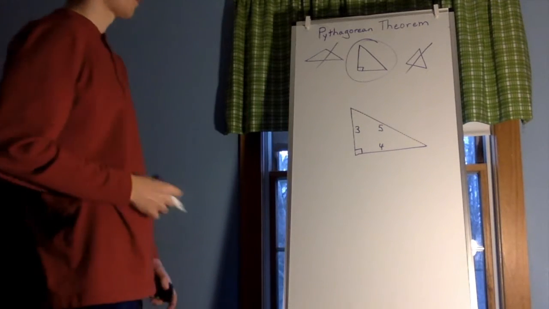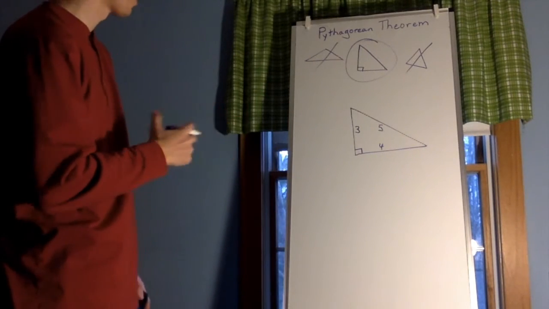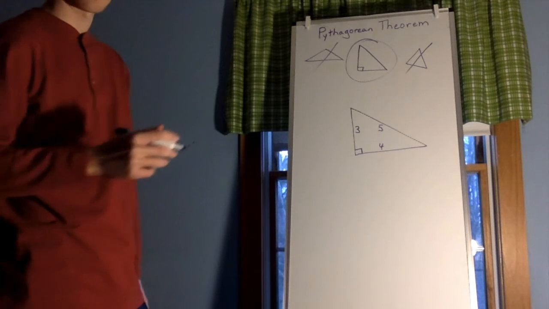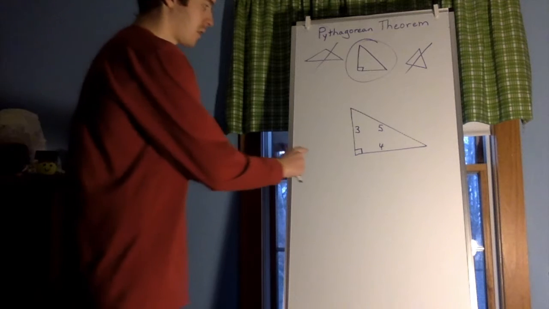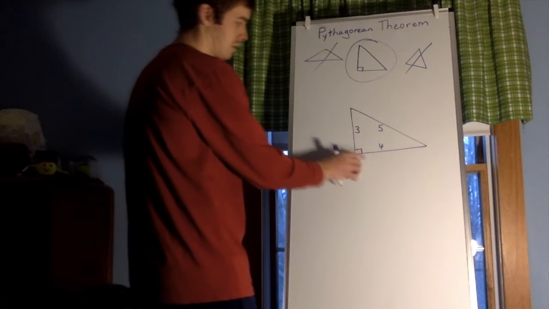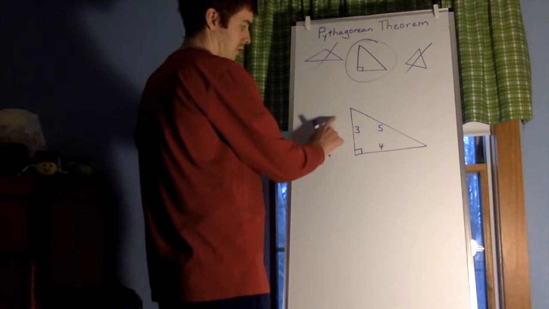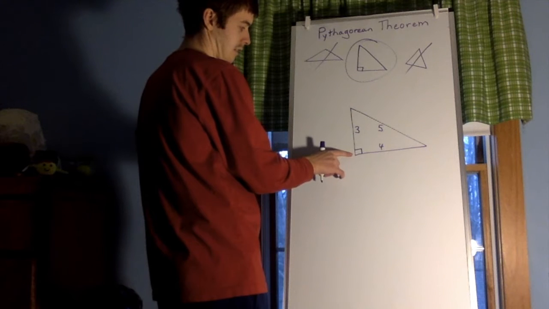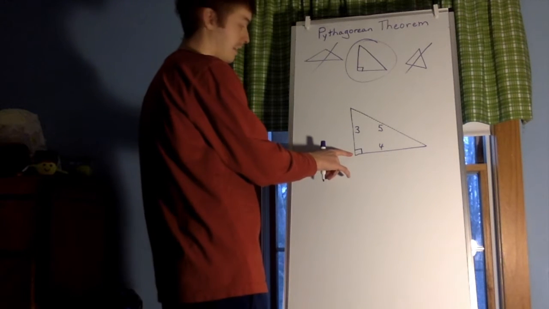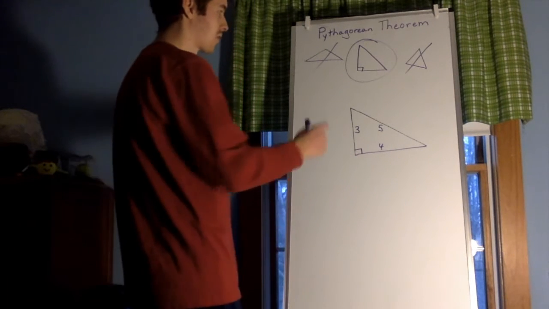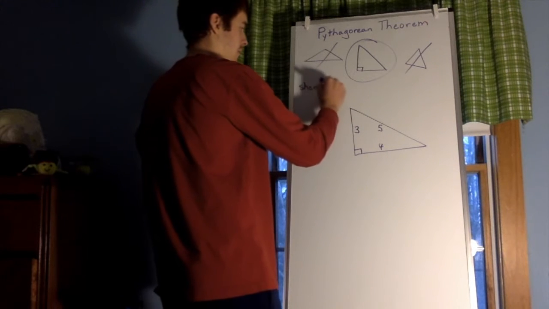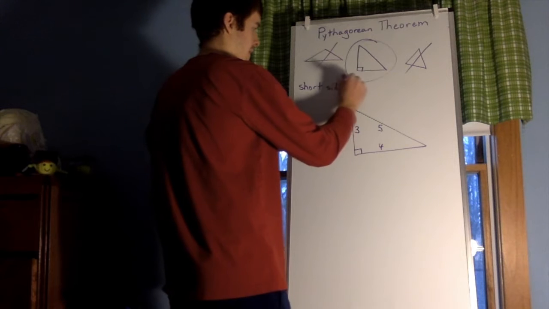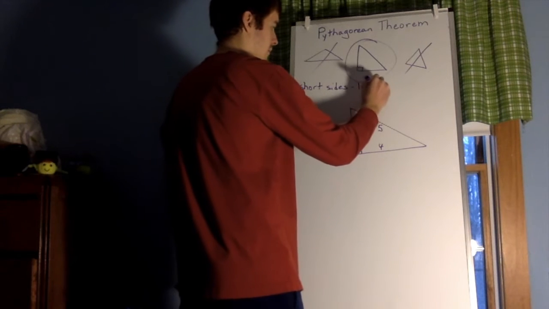Okay, so a couple things. I'm going to label some sides first, so you know what I'm talking about as I go along the video. The two sides that are shorter and that connect with a 90 degree angle here, we call those legs. Short sides, those are legs.